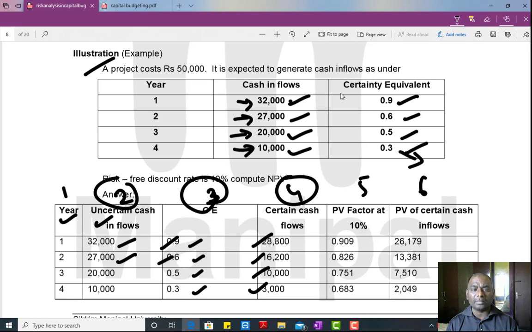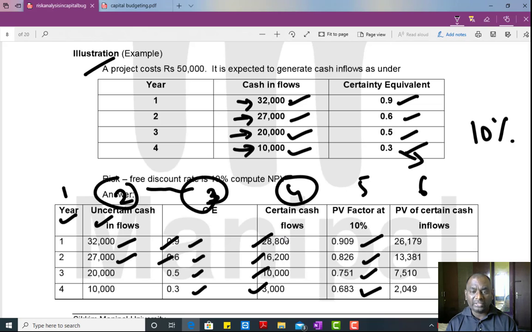In this particular problem, the risk-free discount rate is given as 10%. In your examination, they may give you the risk-free discount rate, risk premium, cost of capital, cost of debt, cost of equity to confuse you. All you need to do is take the risk-free factor, multiply it, and you will get the answer. So 1 divided by 1.10 gives 0.909, 0.826, 0.751 and 0.683.